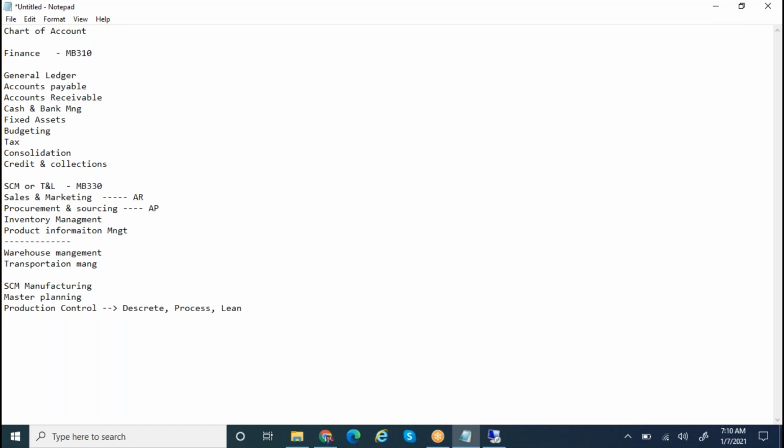There are 3 manufacturing processes. Next, cost management module. These are the 3 modules. Microsoft recently introduced asset management. This is a new module. These are the part of SCM manufacturing. This will be 320.